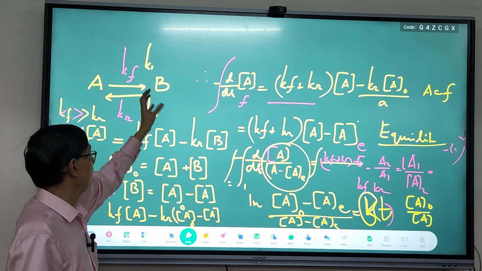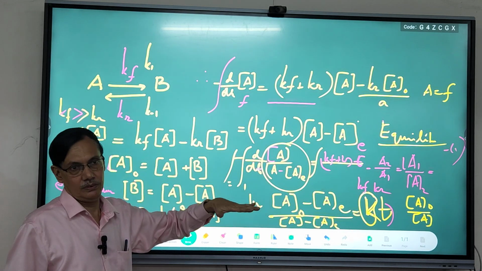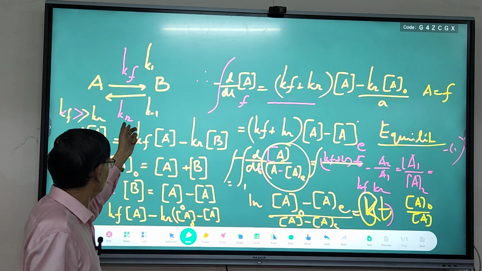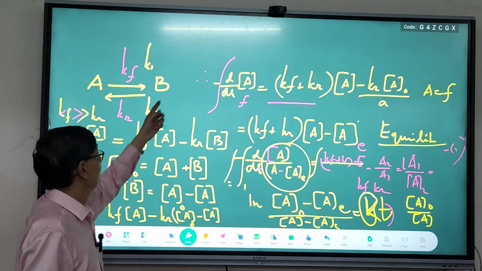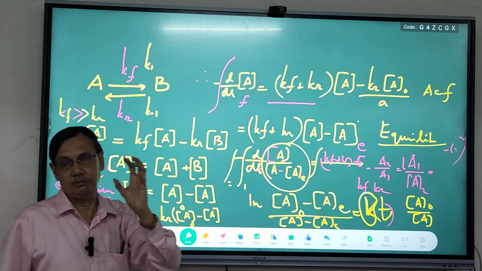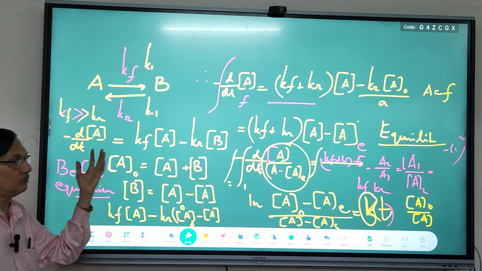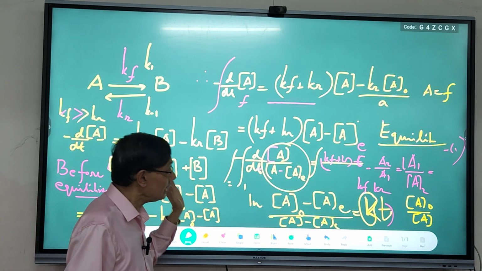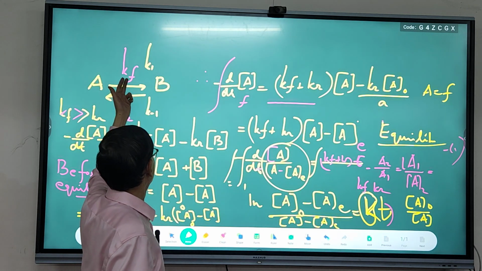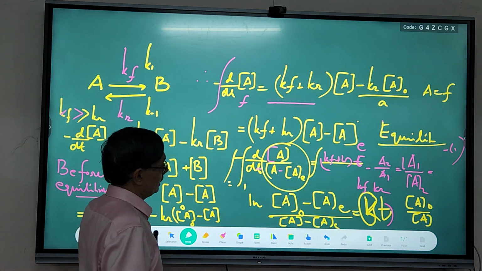That means whatever B is formed, it will remain in the solution, and if KR will be very high, so that B, whatever B is produced, it is again converted into A. So most of the cases it depends on the forward reaction and backward reaction.